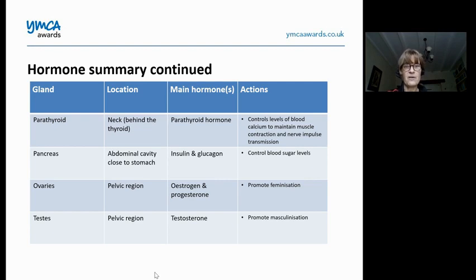Carrying on with our chart, we've got our parathyroid sitting behind the thyroid and it produces parathyroid hormone, and this controls calcium levels. If you remember from previous talks, we've talked about how important calcium levels are in maintaining your muscle contraction. You've got to have calcium in order to free up those binding sites for the actin and myosin to work and for the transmission of nerve impulses as well.